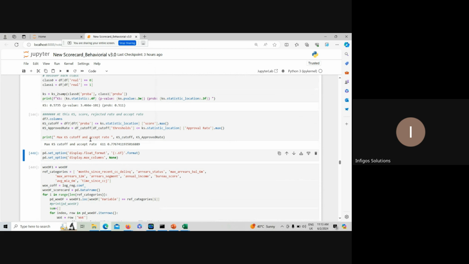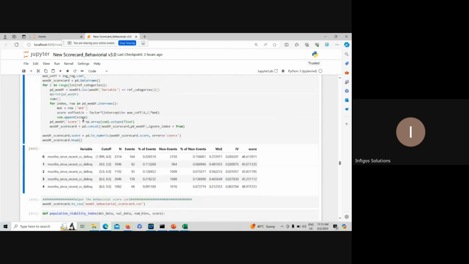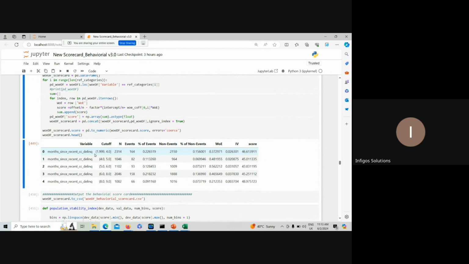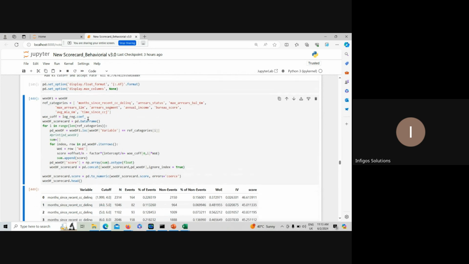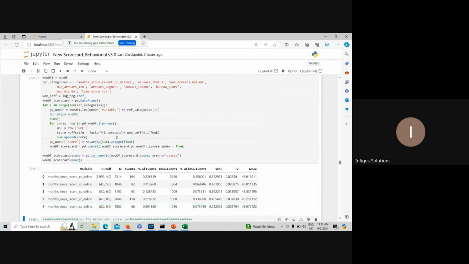This is the maximum KS cutoff. Then we run it again. And here we are calculating the score for each variable and its attributes in this code. I wrote this code. This is not very great code, but it's working.